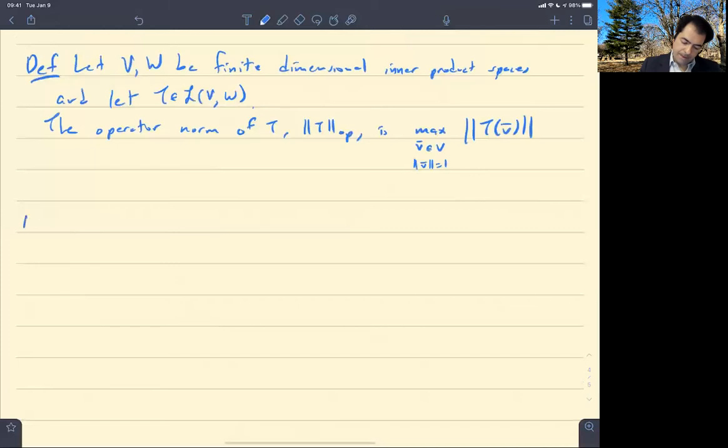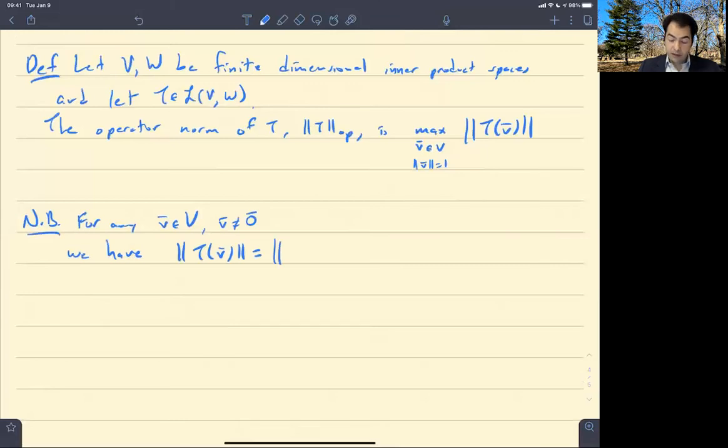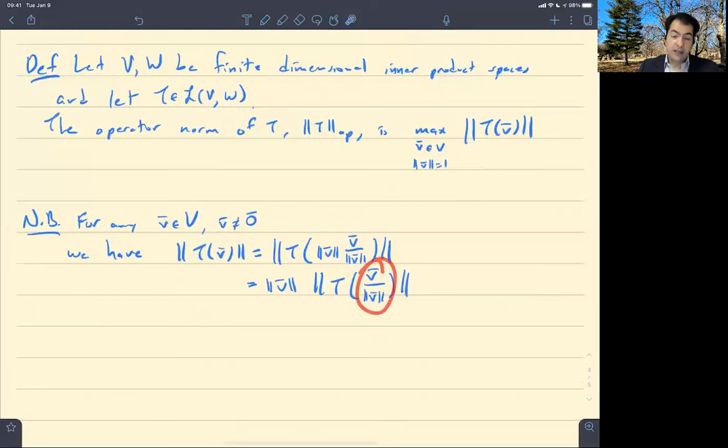Okay, so notice for any V not equal to 0, we have the norm of T of V is, okay, well, because V is not the 0 vector, I can write V as norm of V times V divided by the norm of V. And then I can use that T is linear and that the norm is positive homogeneous to write this as norm of V times the norm of T of V divided by norm of V. Now, this is a unit vector.